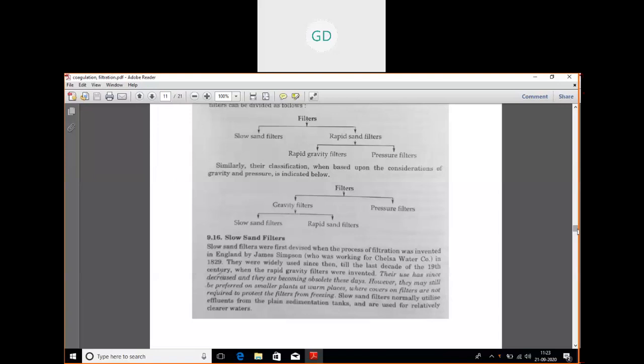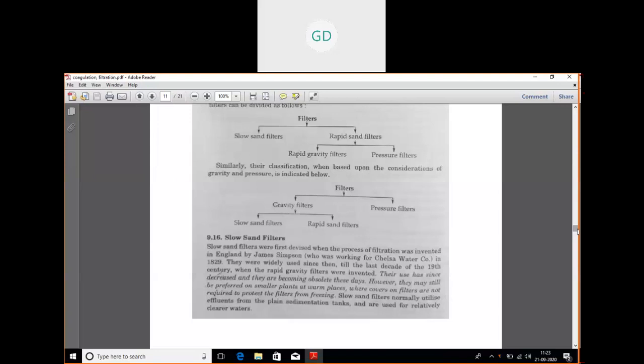They were used until rapid gravity filters were invented. But after seeing all these drawbacks, people thought to construct another filter, whose name is the rapid sand filter. A rapid sand filter is far better than a slow sand filter.